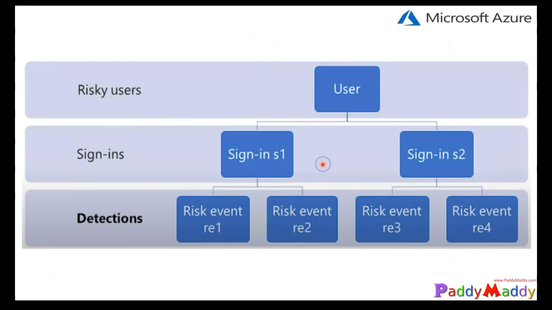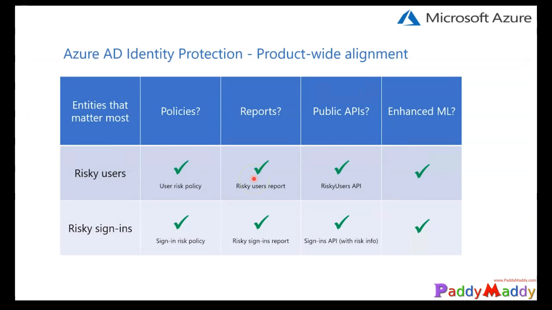Now let's talk about the other way of structure: risky user, risky sign-in, and then the detection will be considered as risk level 1, 2, 3, 4, all that. A kind of ranking will be given. Now let's also talk about the product-wide alignment.